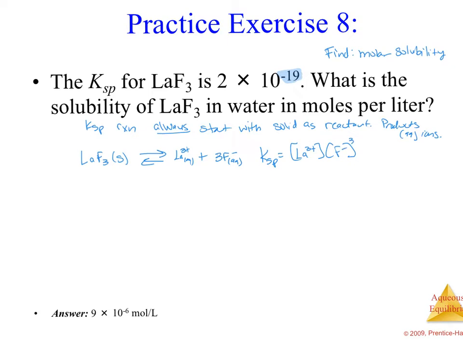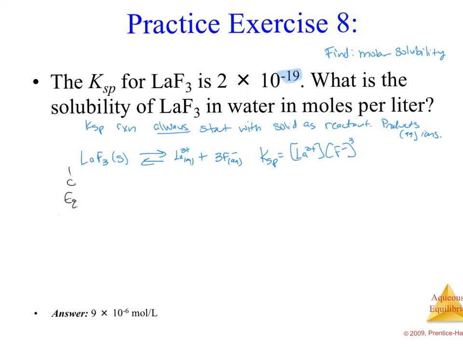And to solve for our molar solubility, what I need to figure out is what is the molarity of either the La3 plus in solution or the F minus in solution, because I can use a mole ratio to solve for the molarity of the LaF3 that's actually dissolved. So to do that, we can use an ICEQ box with molarity.